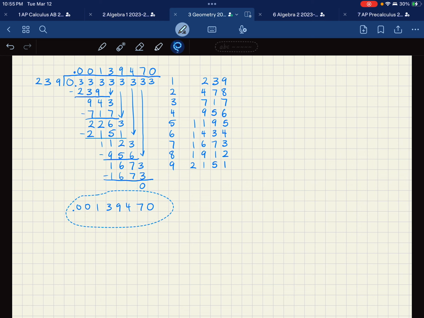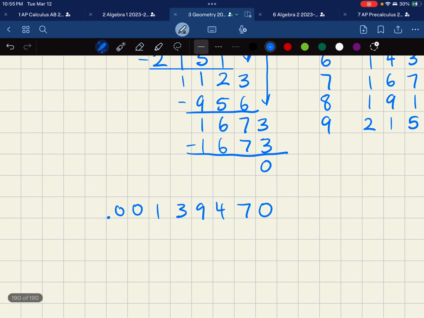Move this over to right there, and we're going to say 239 goes into that. Luckily there's a bunch of zeros at the very beginning.